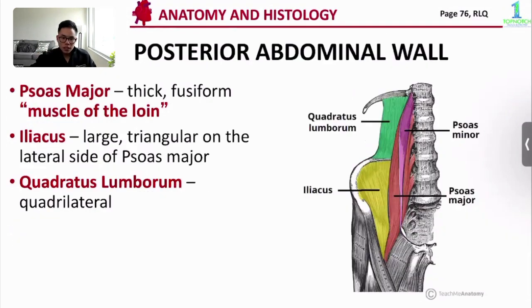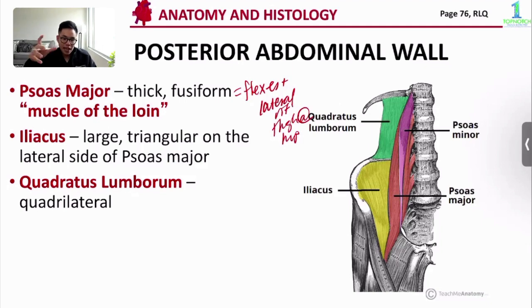Okay, so the posterior abdomen, let's go now from the vasculature towards outside the muscles, going down. You have your posterior abdominal wall muscles, you have the muscle of the loin, which is the psoas major. The action of the psoas major here is that it flexes and laterally rotates the thigh at the hip area.